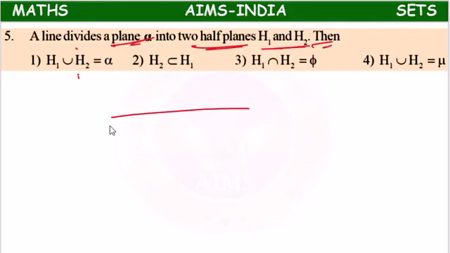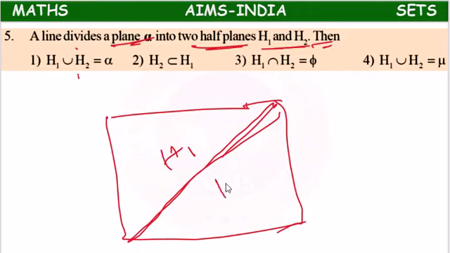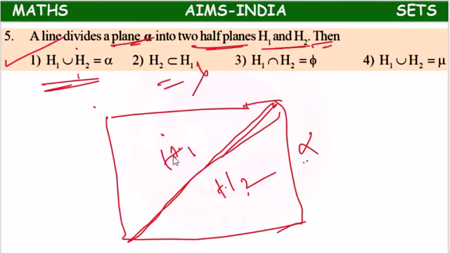So if this is a plane, we have drawn a line here in the plane. This is H1, this is H2. Now which of the following options may be correct? H1 union H2 equal to alpha. If this plane is alpha, H1 union H2 equals alpha. Yes, true. H2 is a subset of H1. Wrong, because both are different.